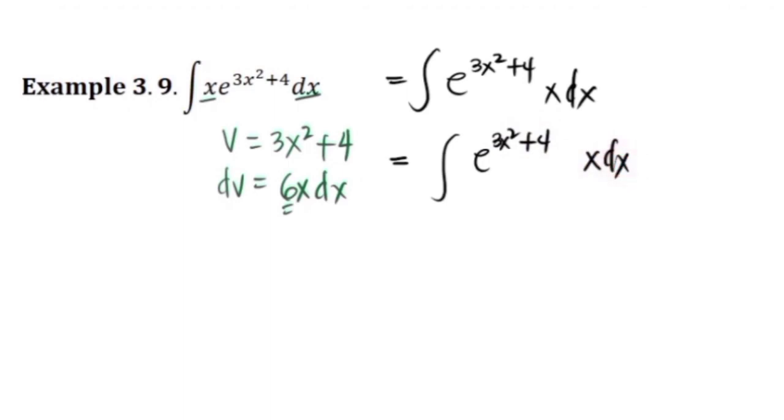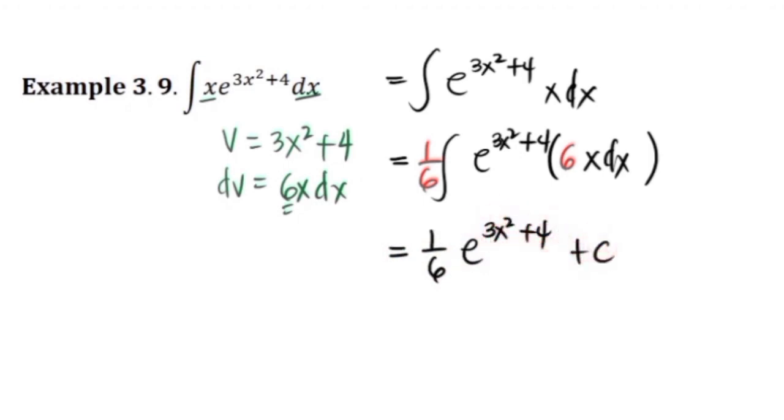So we multiply 6. We have 6 here. So required tayo mag-multiply yung reciprocal sa labas. We have 1/6. So since derivative niya na yung katabi niya, this is equal to 1/6 e raised to 3x squared plus 4 plus c.